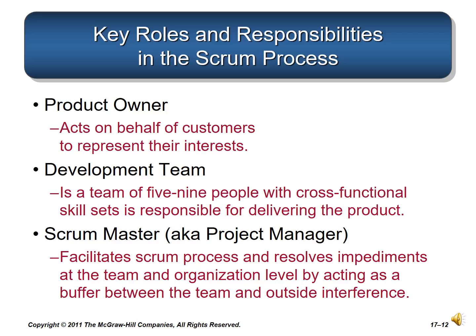The development team is responsible for delivering the product. A team is typically made up of 5 to 9 people with cross-functional skill sets. There are no designated roles or titles. People take on different responsibilities depending on the nature of the work. The team is self-organizing, or self-empowered, in the sense that they decide both who and how the work is to be accomplished.